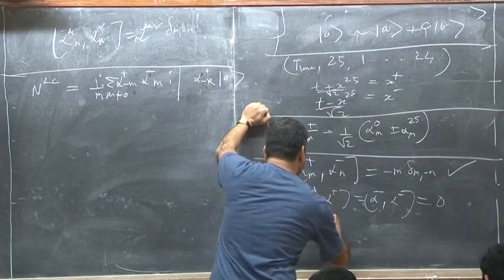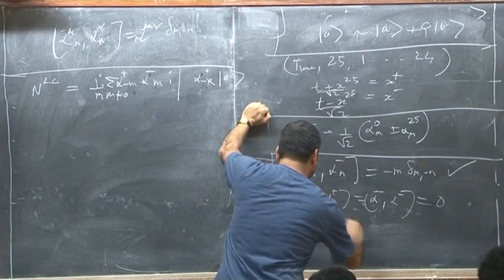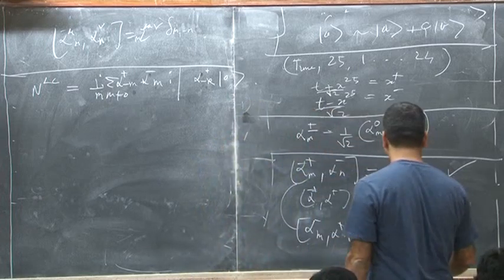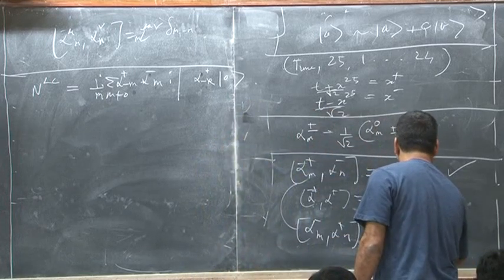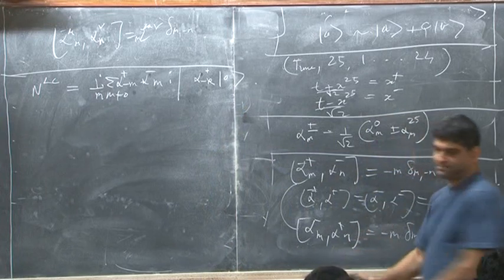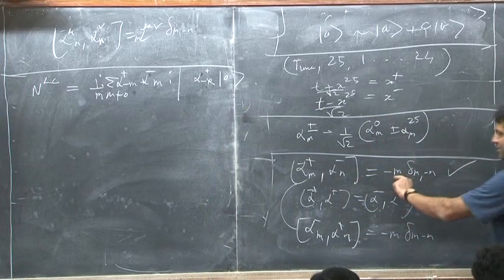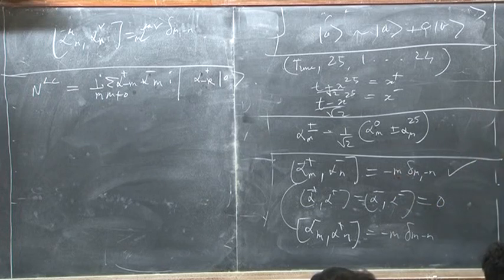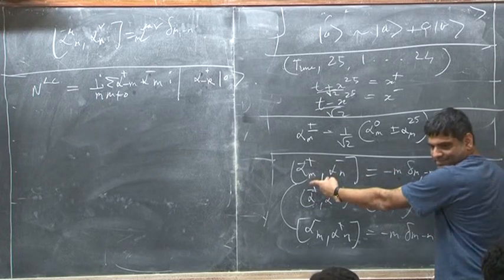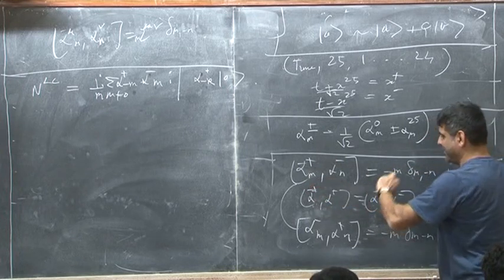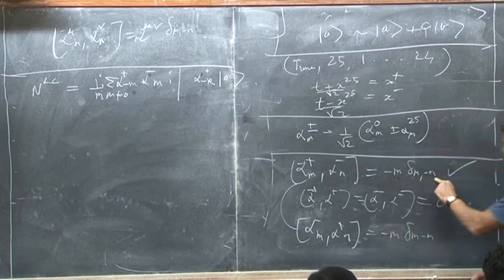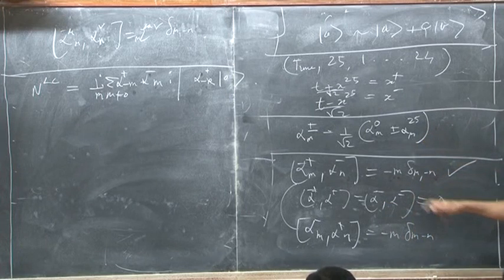I think alpha minus m with alpha plus n will also be equal to minus n delta m plus n. You see what I mean? Flip these two, you get a minus sign, but with n being minus n.